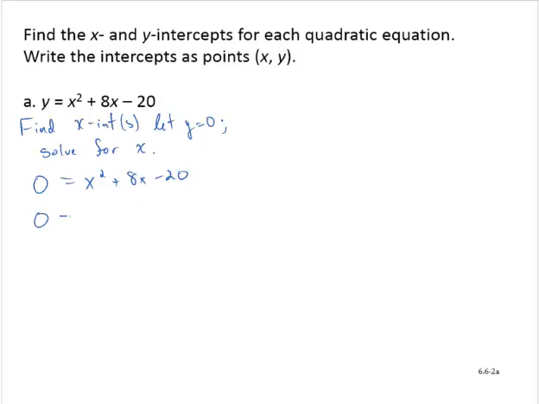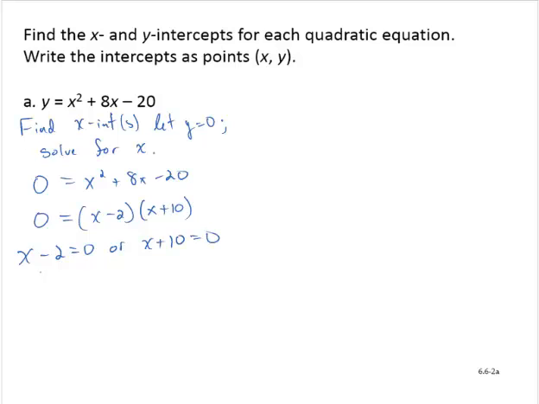Using our techniques for factoring, the right-hand side, x squared plus 8x minus 20, factors as x minus 2 by x plus 10. Using our zero product property, we would have x minus 2 is 0, or x plus 10 is 0.